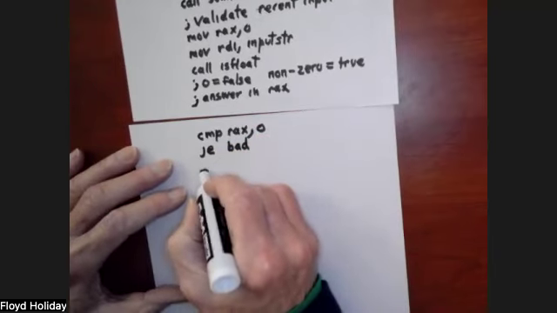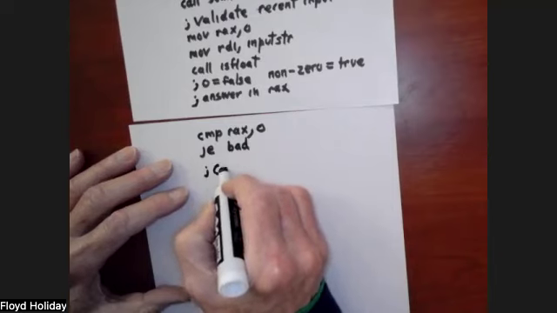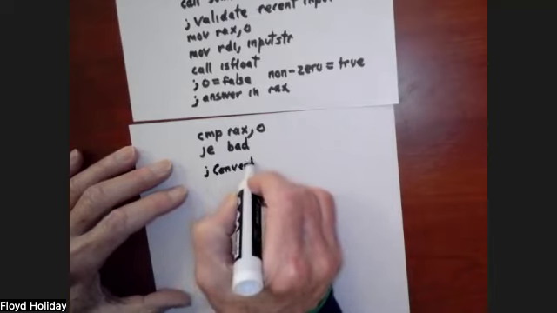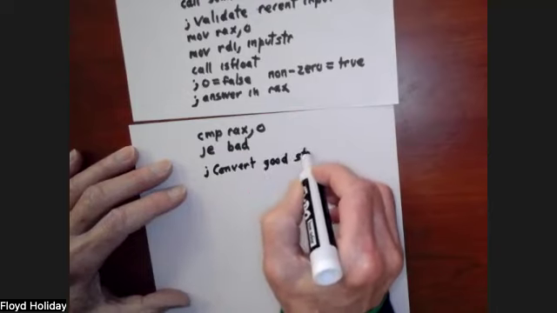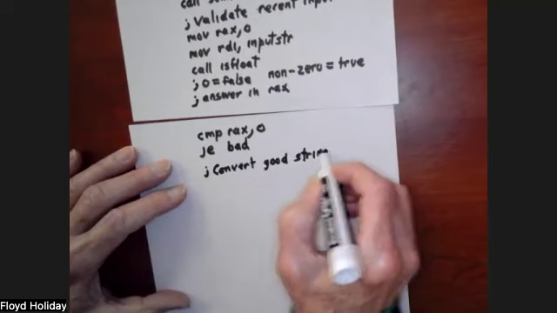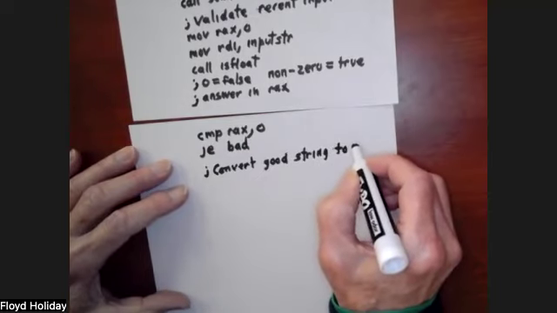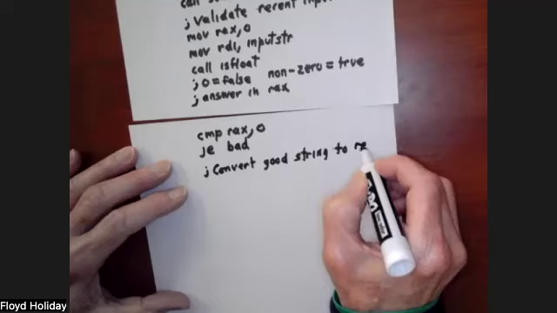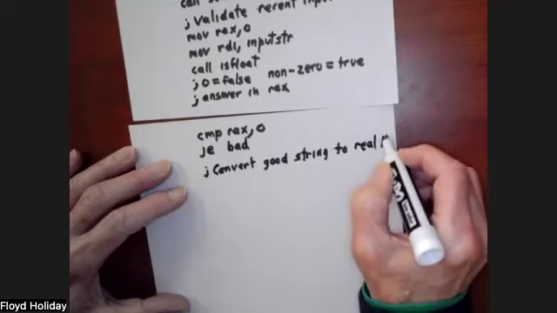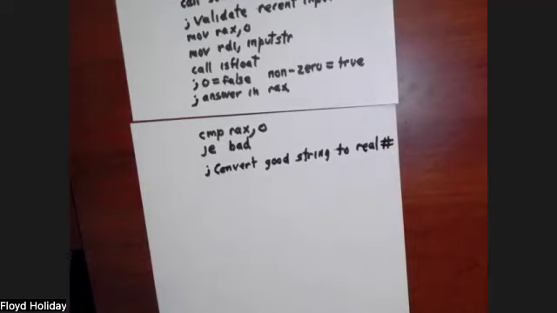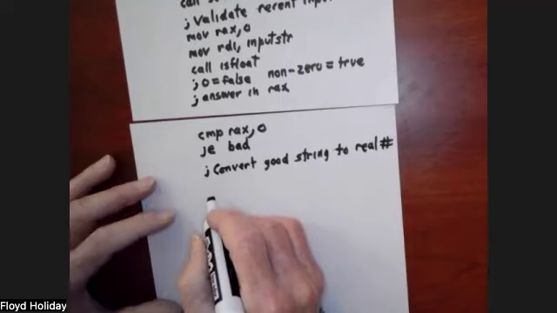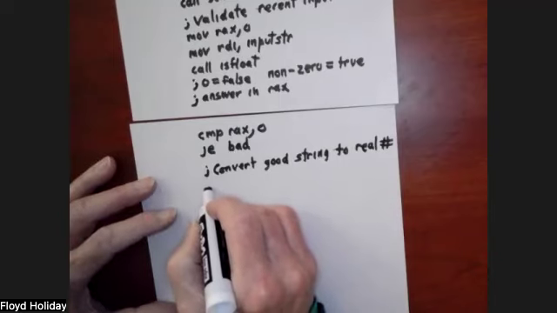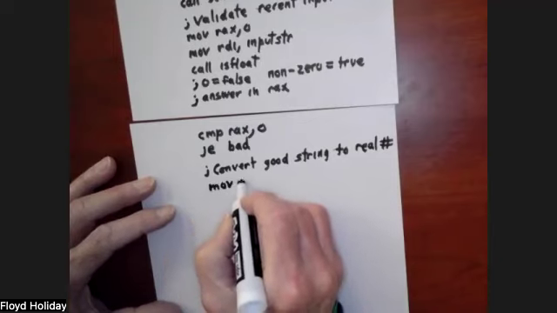So down here is convert good string to real number. Okay, how can we do that? We have a conversion function. So again, move RAX is 0.